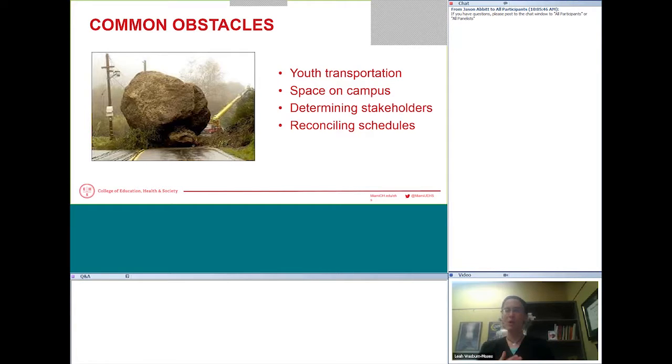If they're not willing to provide the transportation, and a lot of schools transport youth to various places that you might not even know about. We used to have an alternative school here in town, and they went 45 minutes. So it's not something that cannot be overcome. It can be overcome, but it's important to know about.